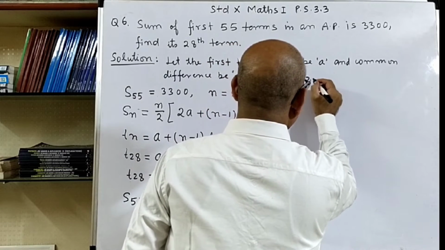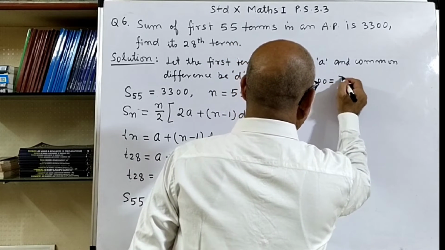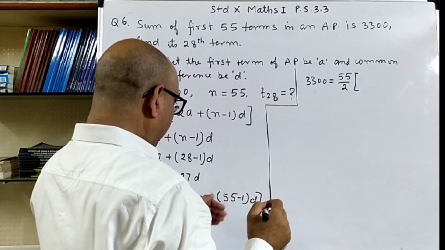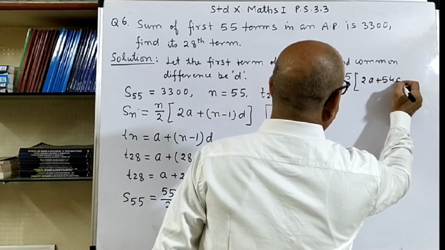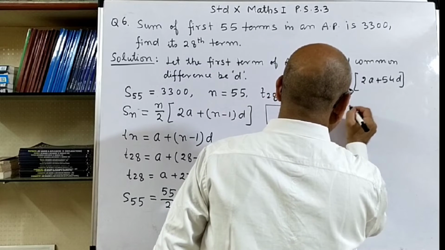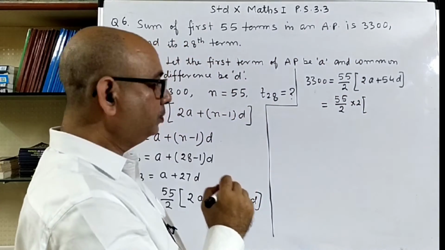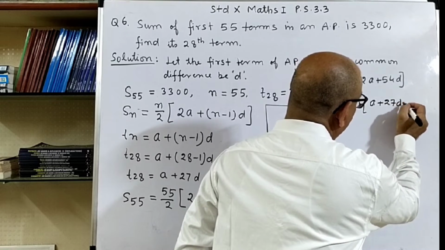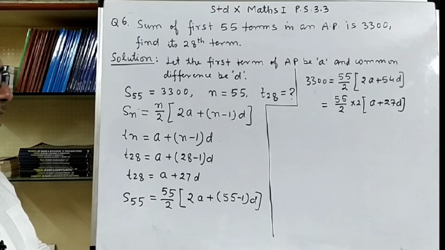That means 3300 is equal to 55 by 2 times 2a plus 54d. See the 2a plus 54d. This is equal to 55 by 2, and take 2 out, it will be equal to a plus 27d. The value of T28 is equal to a plus 27d.